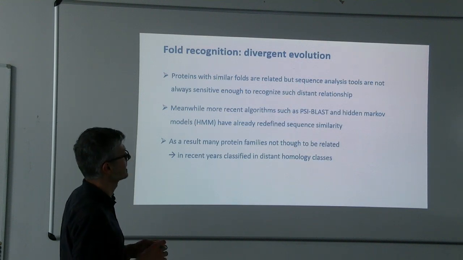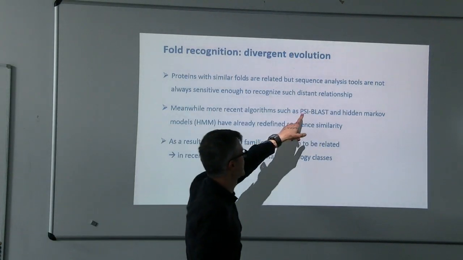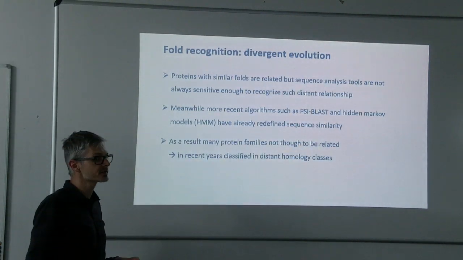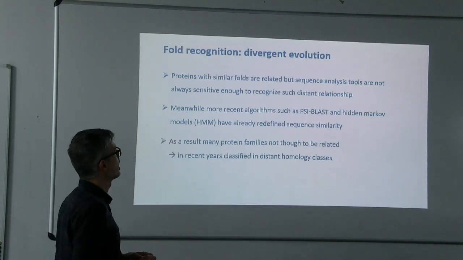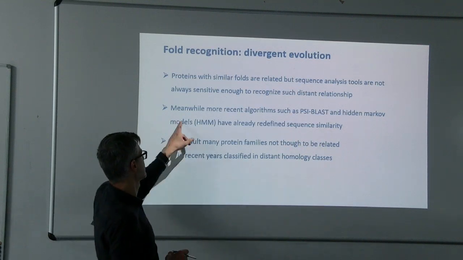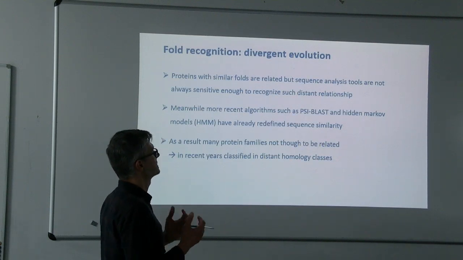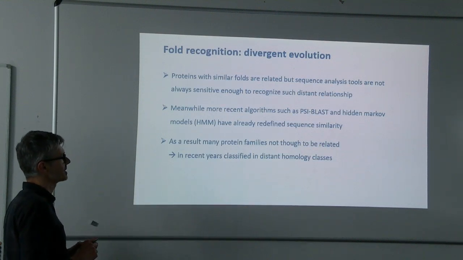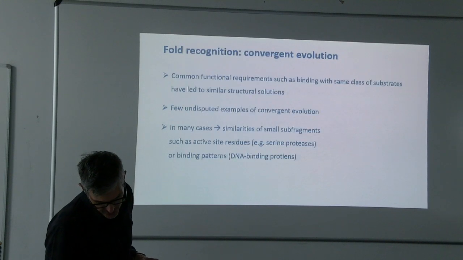That's why there are better, more sensitive algorithms. One you could use is position-specific iterated BLAST, which I think was also discussed in another course. Hidden Markov models are also a more recent algorithm, better than a normal BLAST, to find sequences with lower sequence identity. You can still detect them with PSI-BLAST and HMM search. So this is divergent evolution.